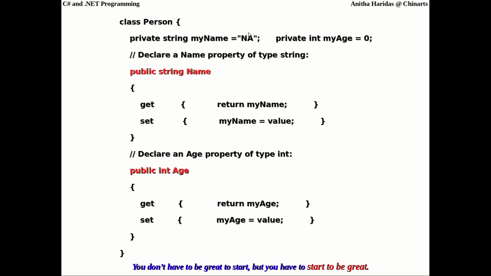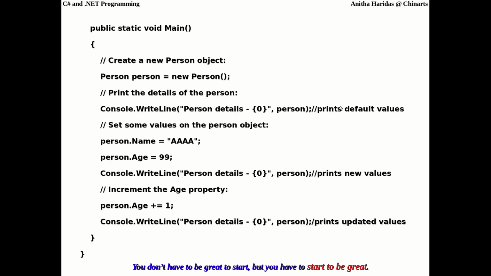If you have instance variables, you can initialize them in the declaration itself. So this is the declaration. Here itself I am initializing them, which becomes the default values. So if you have not assigned any value, it is going to return NA for name, 0 for age. So this will be printing the default value.